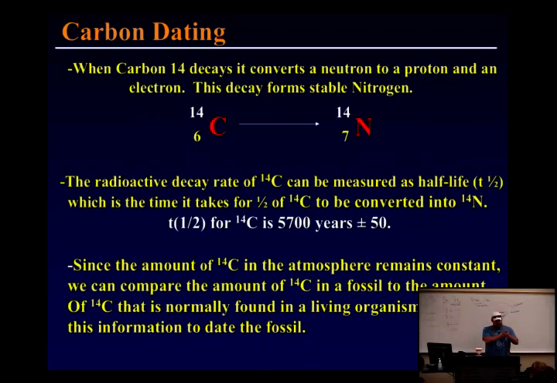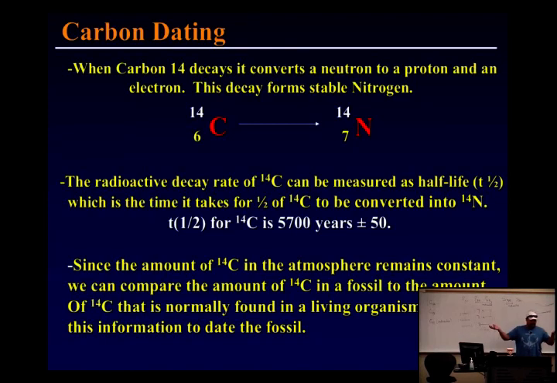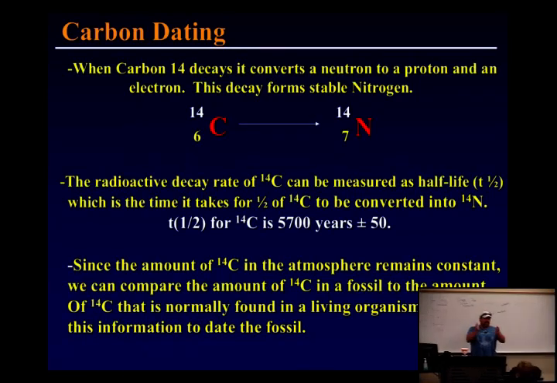And that happens at a specific given amount of time that's relatively constant. It's 5,700 years, give or take 50 years, and that's what we call its half-life. So if I had a brick of carbon-14, I set it on this table, and I walked away, and 5,700 years later, I walked up here and tested it, half of that would be nitrogen, and the other half would be carbon-14, right?